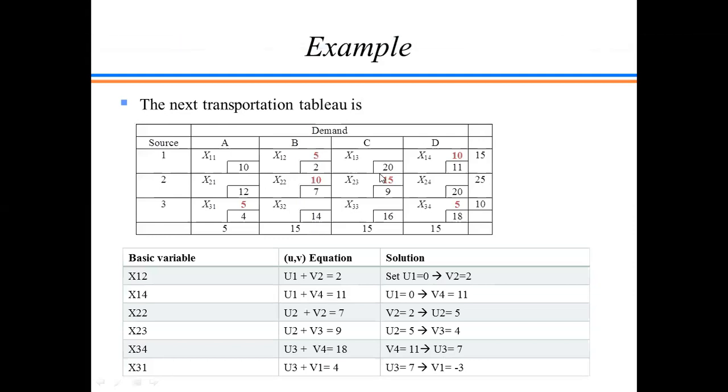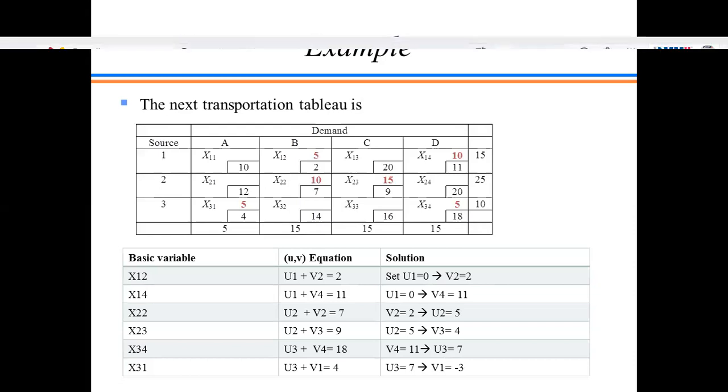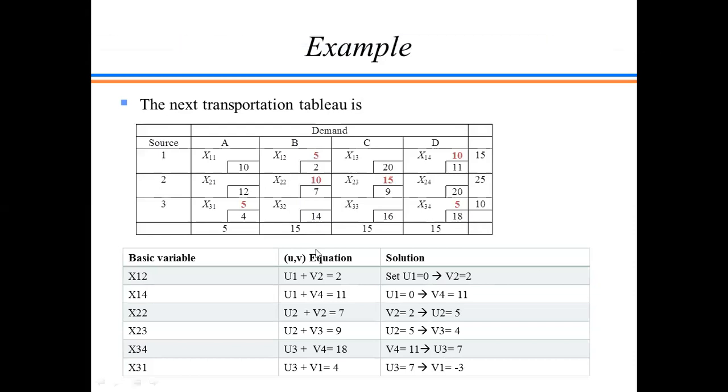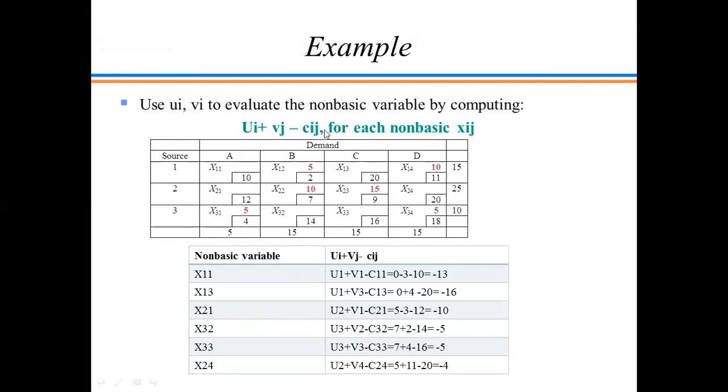Calculate again the total cost. The total cost will of course reduce, decreasing. Okay, after that, check the optimality condition, calculate the Ui plus Vj equal to Cij for basic variable here. Once we calculate this, then we can continue with non-basic variable by using the formula of Ui plus Vj minus Cij.